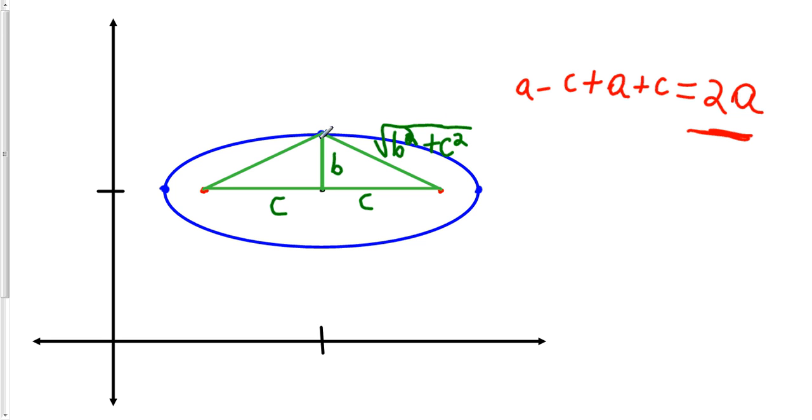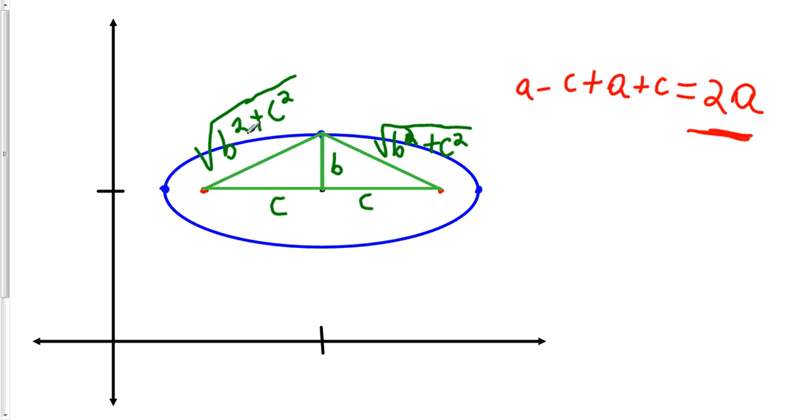The distance from this vertex of the minor axis to this focus is the square root of b squared plus c squared. The same goes for the distance from this vertex to the other focus.